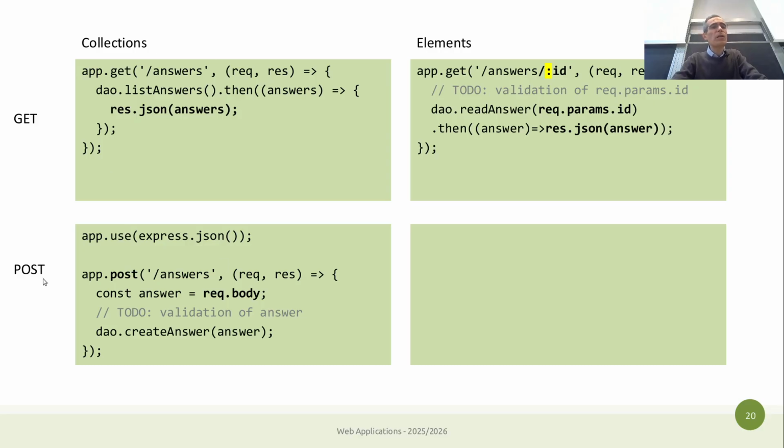The opposite, POST, create an element. POST answers, I want to create a new answer. So req, res, in the body there will be the information about the answer, already parsed by the express.json middleware. So I need to put at the beginning of the file app.use(express.json). It tells Express to include this middleware. Basically, this middleware does only one thing: it checks if the header content type application/json is present in the HTTP request.